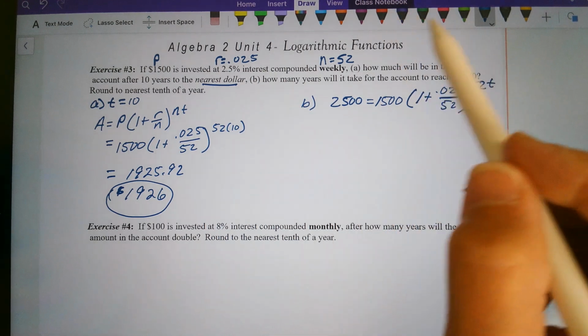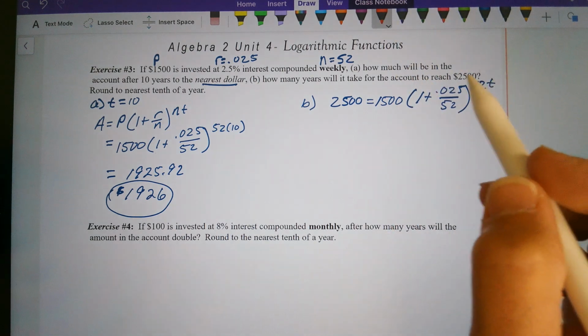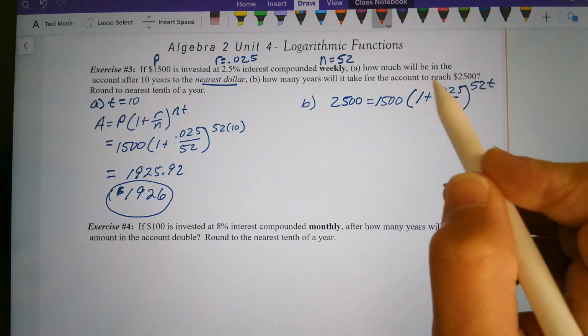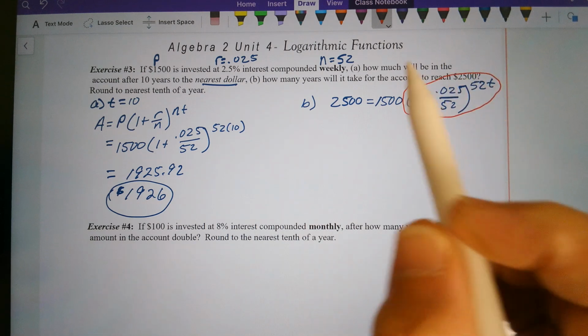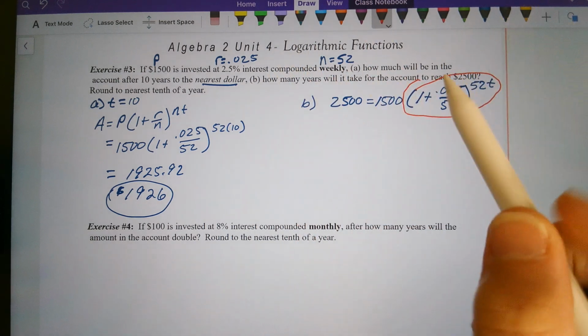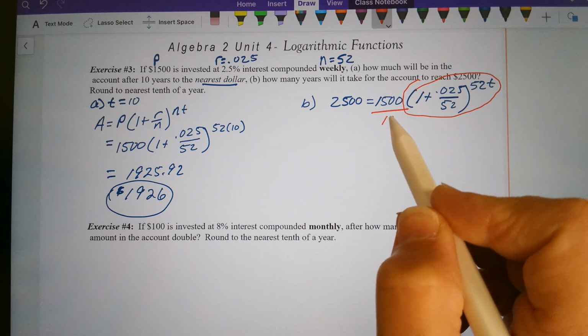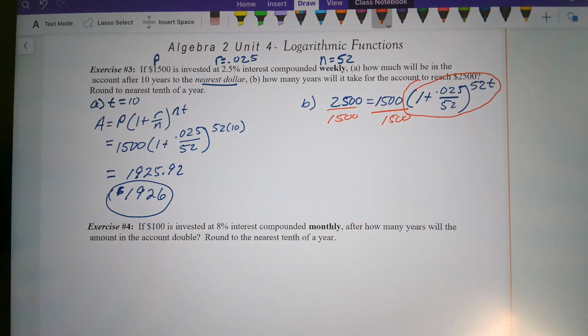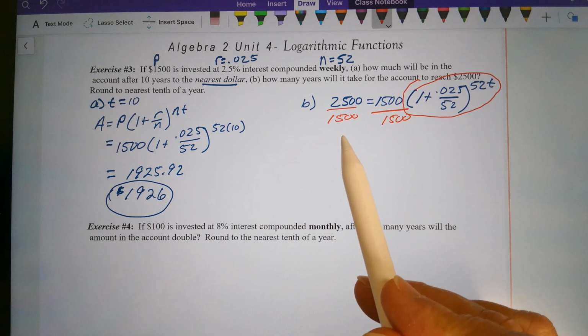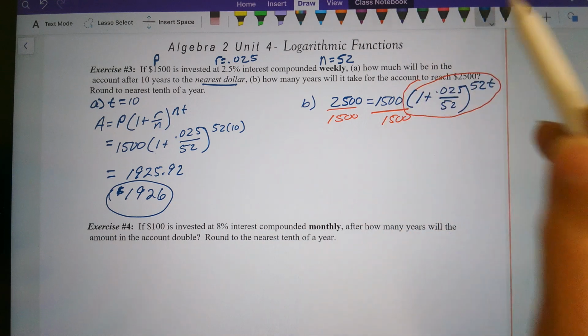Okay, so we want to solve this for t. Well, t is part of an exponent, so we need to get this base and exponent by itself. So the first thing we'll do is divide by 1,500. This simply reduces to 5/3.